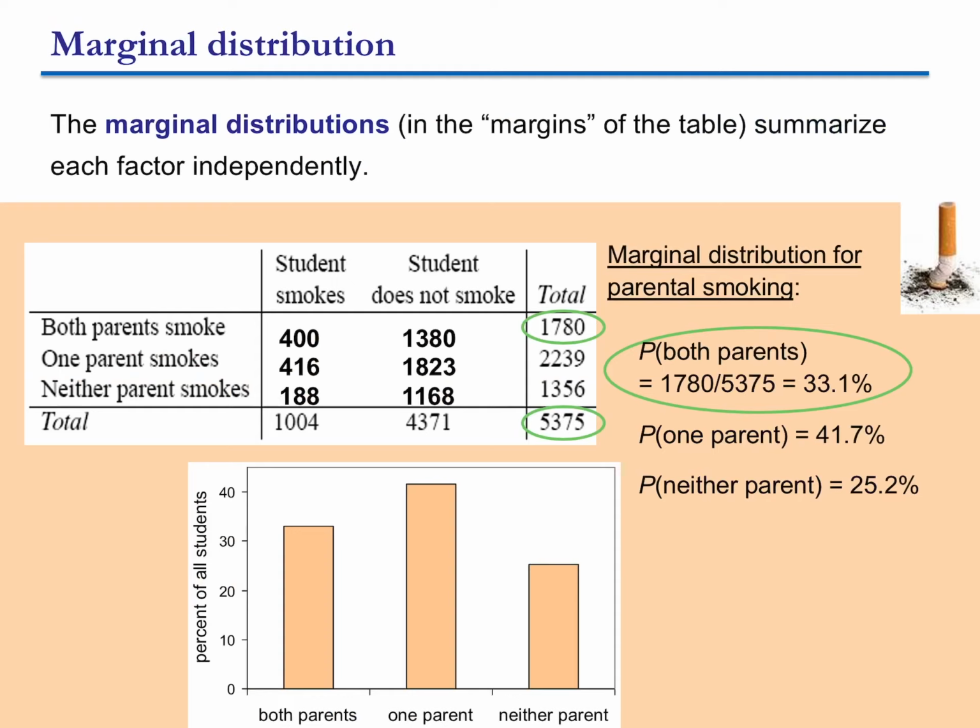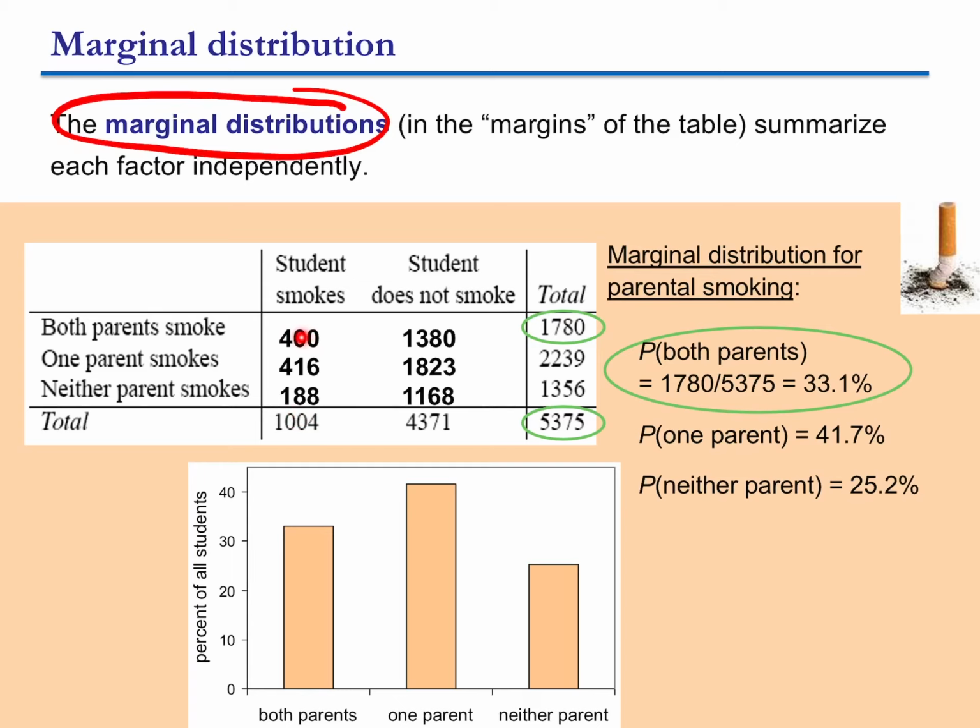What we have to look at first, and this is the first thing that differs from the chi-square we talked about in Chapter 21, is what are called the marginal distributions. These are the distributions in the margins of the table. They summarize each factor separately or independently. So we have a marginal distribution in the row or column totals.